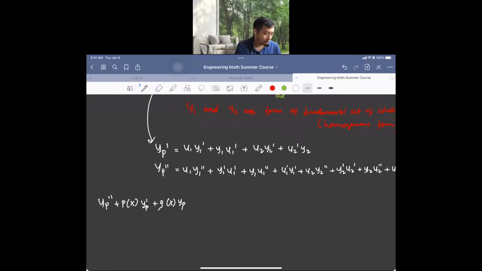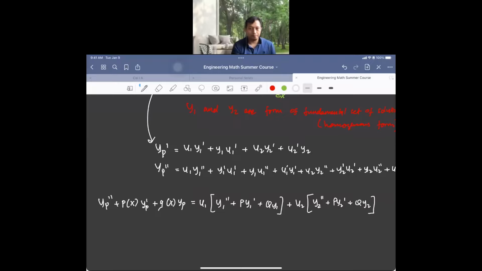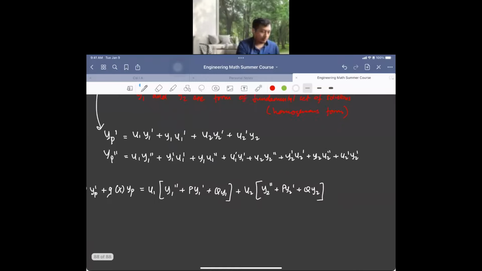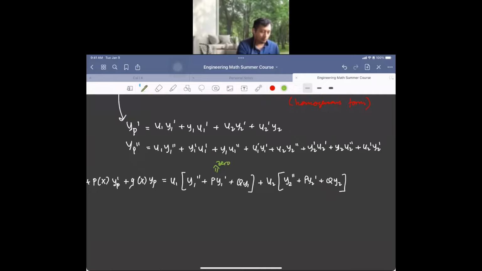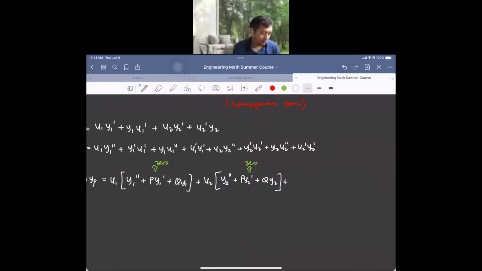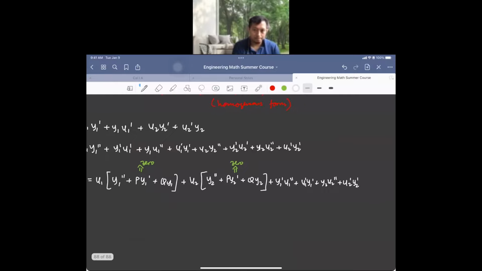Compute. And then plus the other part, so this will be 0, this also 0, so plus y1 prime u1 double prime plus u1 prime y1 prime plus y2 u2 prime plus u2 y2 double prime.